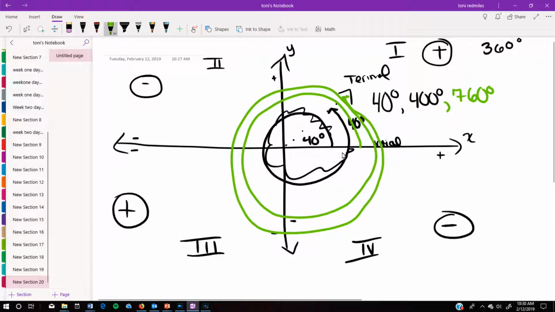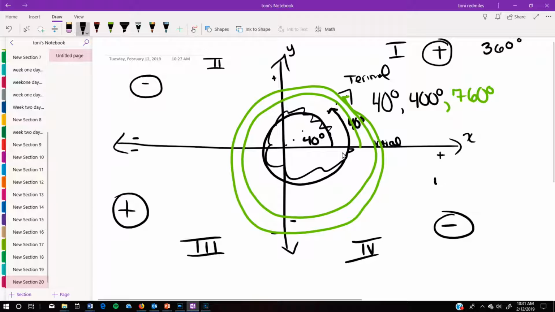As long as I start at the same initial and end at the same terminal side, it's a coterminal angle. They all have the same initial, same terminal, and I can just keep making my little spiral graphs on my Cartesian plane.